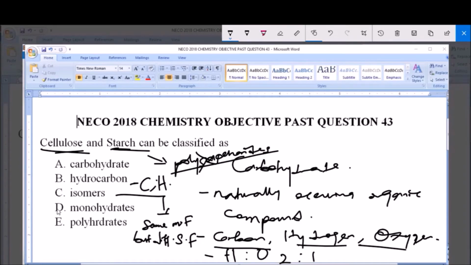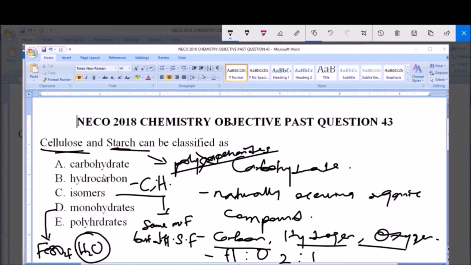Then option D says monohydrates. Monohydrates are compounds that contain just 1 mole of water. An example is ferrous sulfate, FeSO4.H2O. You see that the water component here is just 1 mole, so we call it a monohydrate.